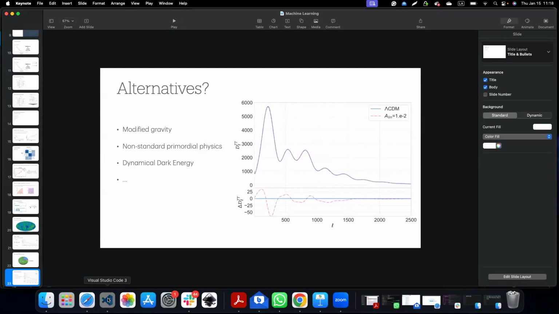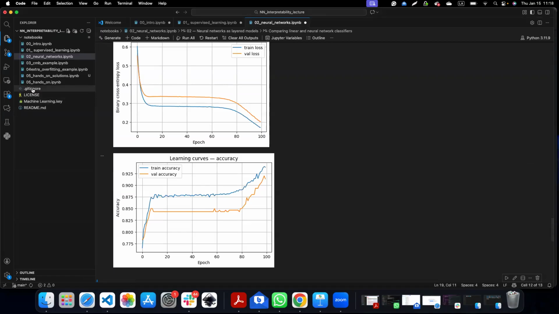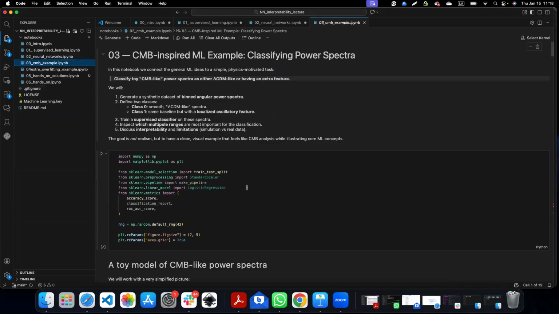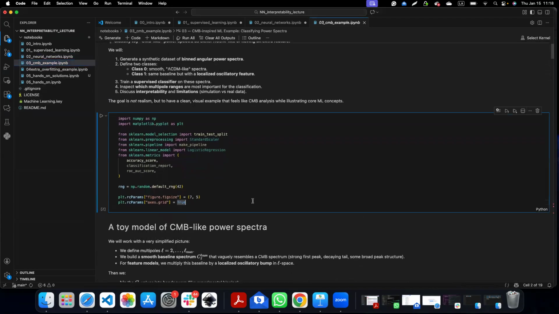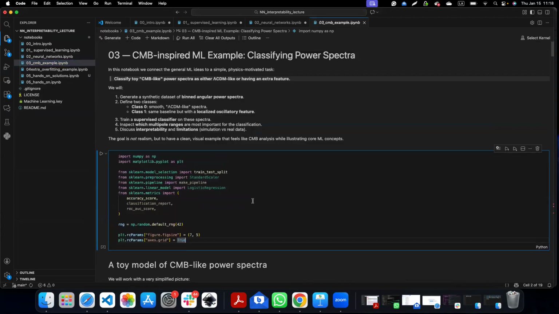So we open the CMB example notebook. Okay. So the idea is going to be the following. We're going to have these CMB-like power spectra. I'm not going to use CLASS.